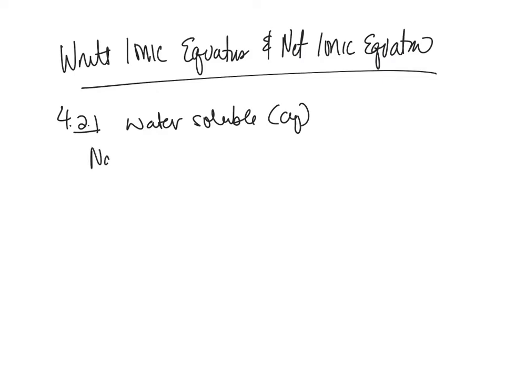Okay, so sodium sulfide. Well, what's our rule? Sulfide is insoluble unless group 1. Unless group number 1. So since it's group 1, that's going to be aqueous. And I will make that a blue.